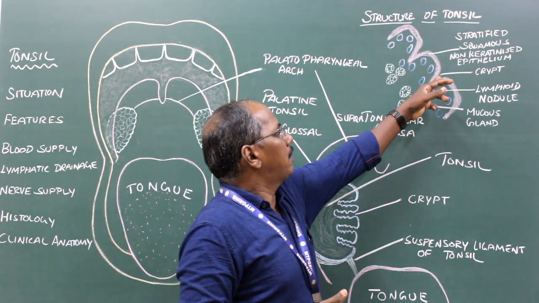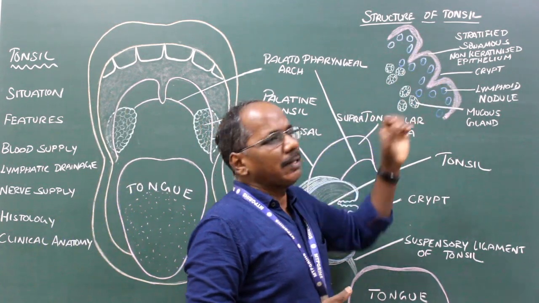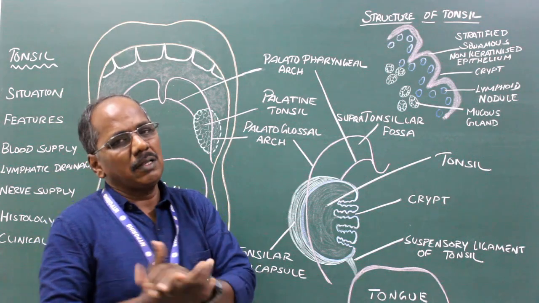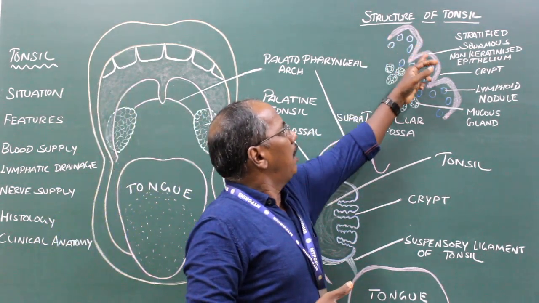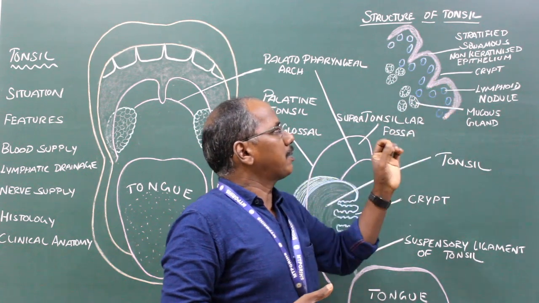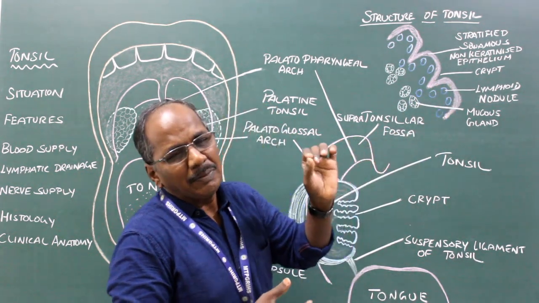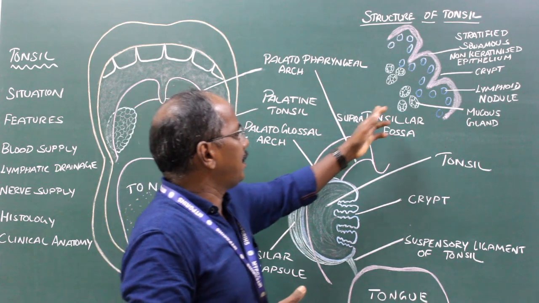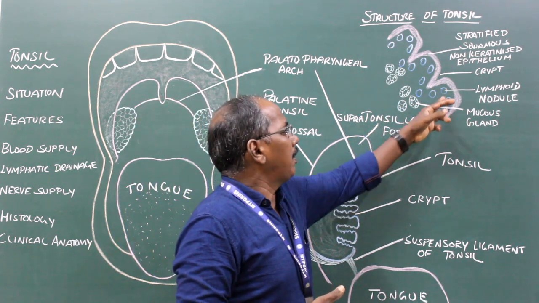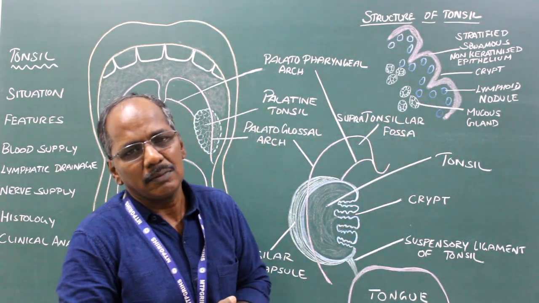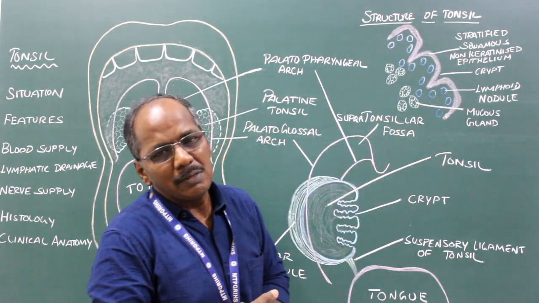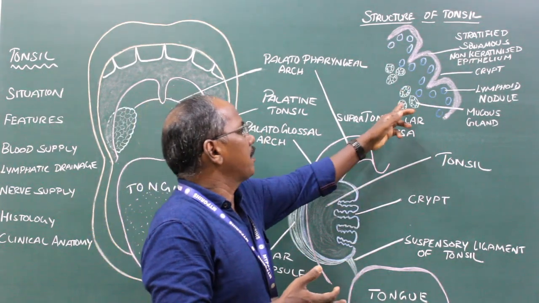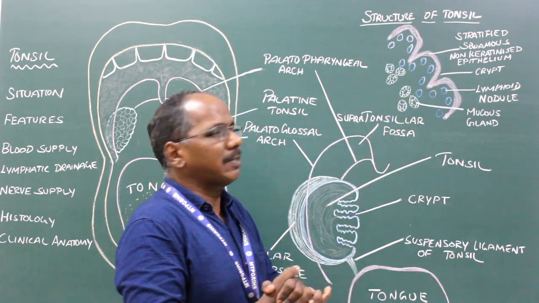Presence of crypts is the characteristic feature of the tonsil. Below the stratified squamous non-keratinized epithelium, you can see a number of lymphatic nodules. Deep to the lymphatic nodules, there are mucous glands.